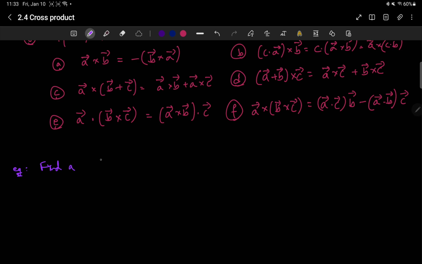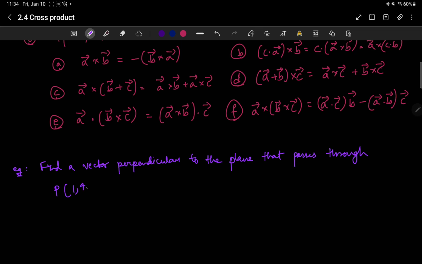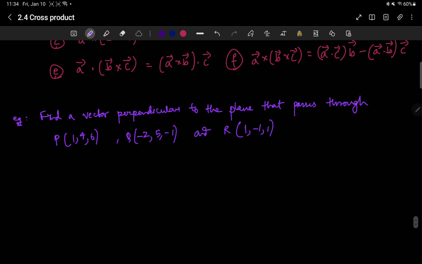Suppose you have a question which says, find a vector perpendicular to the plane that passes through P, Q, and R. Okay, so what is this saying?